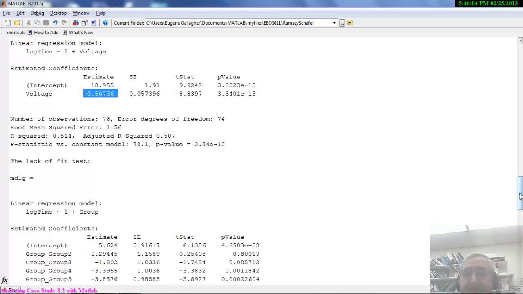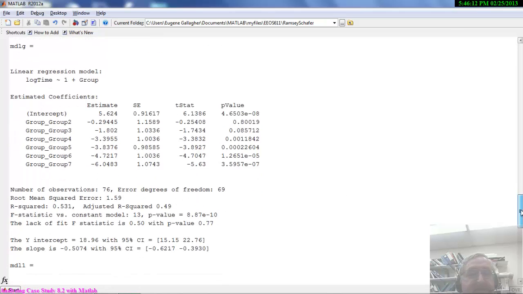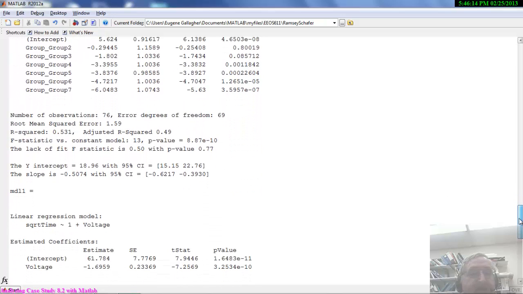Adjusted R squared, 51%. Here's the lack of fit test where you do an ANOVA on each one of the 7 groups, and then combine the sums of squares from the ANOVA and the regression analysis and calculate the lack of fit F statistic. It's 0.5. The expected value is 1, so the p-value has to be greater than 0.5, and the p-value is 0.77.